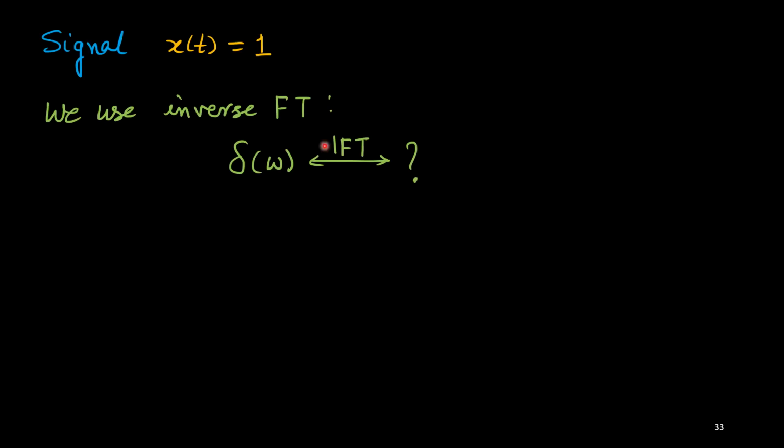So what we'll do, we'll consider that if delta of omega is the spectral, then what is the corresponding time domain signal that we wish to find out. So the spectral is delta of omega, and I want to find its corresponding time domain signal.